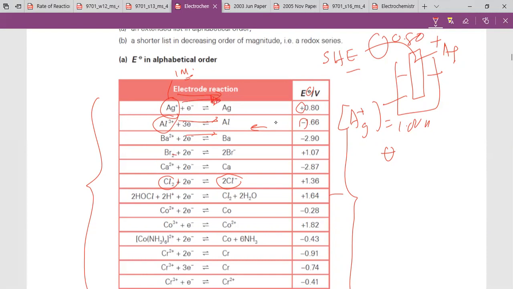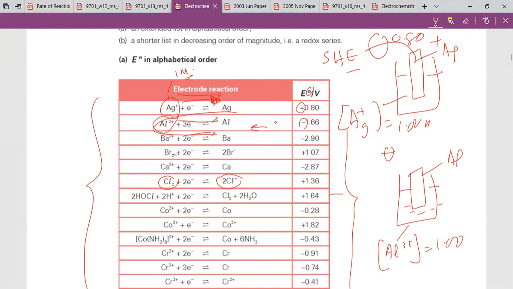See now, let's say I put aluminium in this half cell, with a solution of Al3 plus, 1 molar. Why? Standard, E standard. And I connect it to SHE, the standard hydrogen electrode.